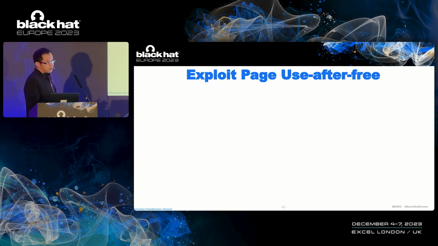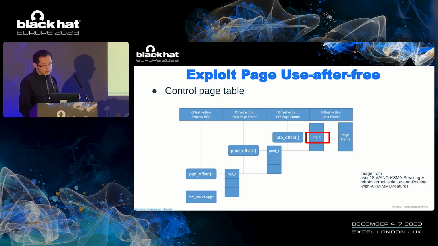As for the POC, first, the exploit attempts to split the page table by a map. The exploit primitive essentially allows us to find the right PT to tamper with by the memory copy-on-write mechanism. So the exploit is able to control that PT to read and write arbitrary physical memory.